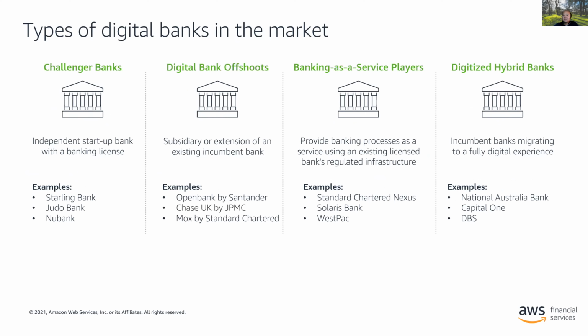What are the types of digital banks in the market? We see 4 types: challenger banks, digital bank offshoots, banking as a service, and the digitized hybrid banks. As you can see, we have independent startup banks with a banking license, and that's pretty popular in Asia, and we call them challenger banks. Then we have these digital bank offshoots. Usually, they are owned by a big existing bank, such as JP Morgan Chase owns the Chase UK.